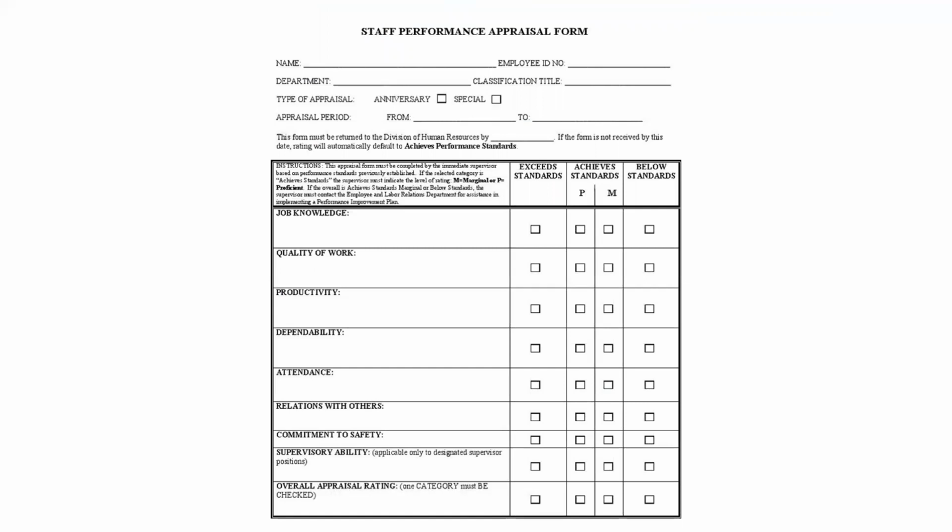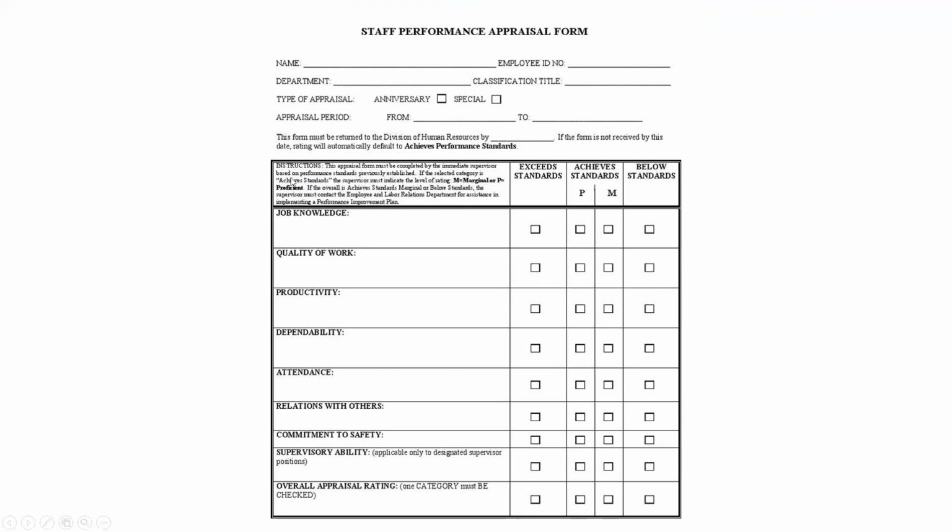And this also is another format being used where if you observe, these all are the common elements: name, department, types of appraisal. Is it anniversary once in 12 months or special or once in 3 months or monthly? You can specify the period from when to when it is being stated here. And here the instructions are given. The appraisal form must be completed by the immediate supervisor based on certain performance standards which are established.